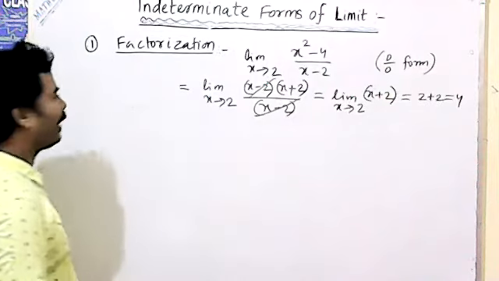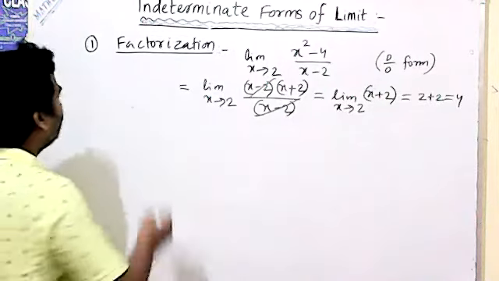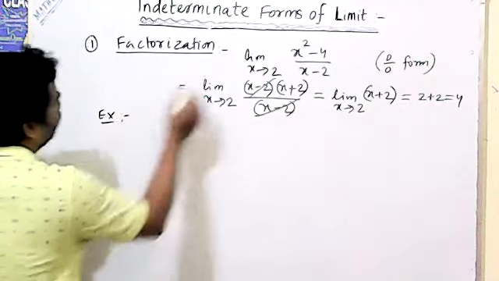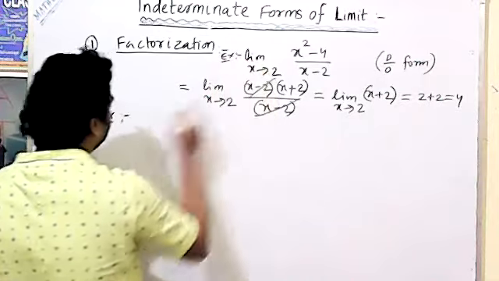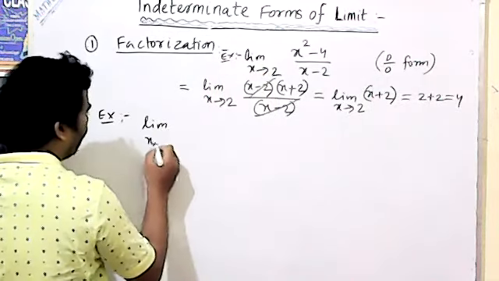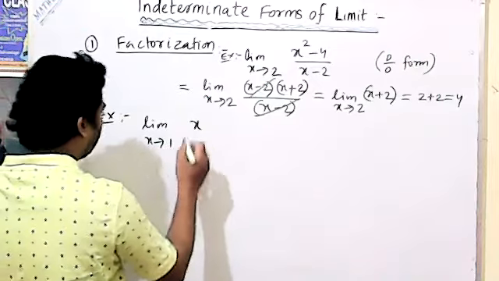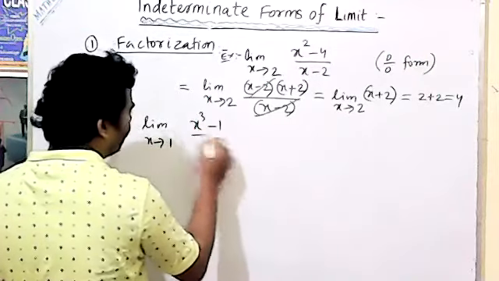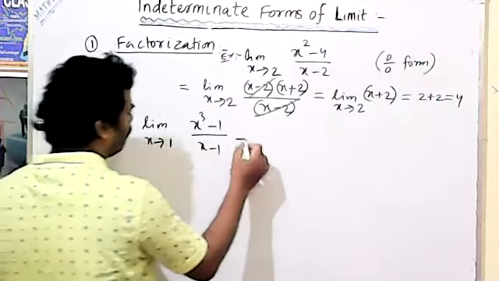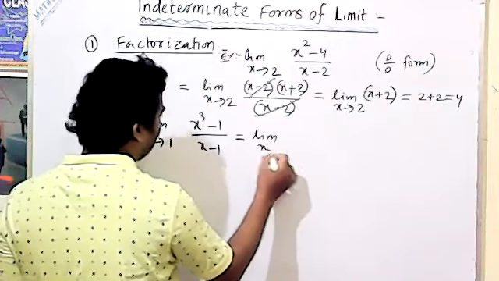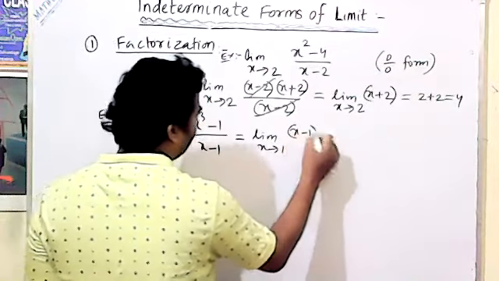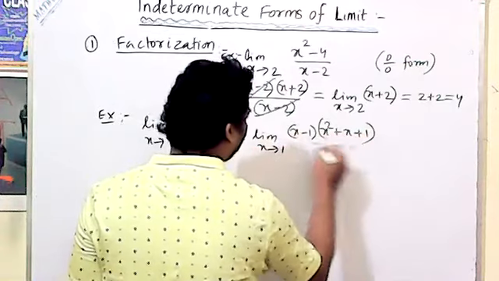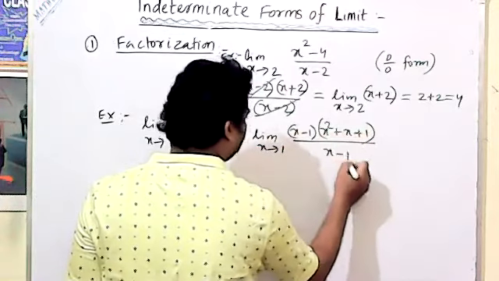This is factorization. Similarly, we can take another example: limit x tends to 1, x cube minus 1 by x minus 1, which is equal to limit x tends to 1, x minus 1 into x square plus x plus 1 divided by x minus 1.